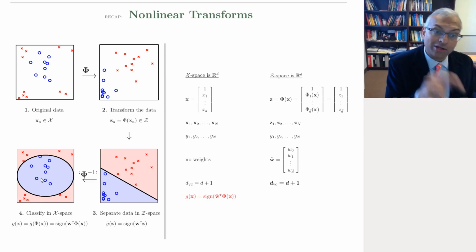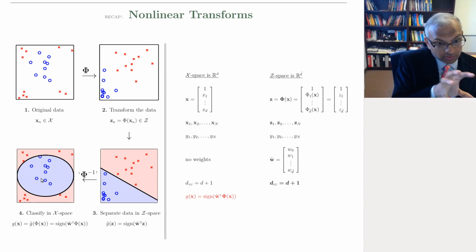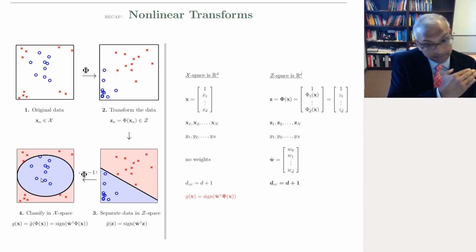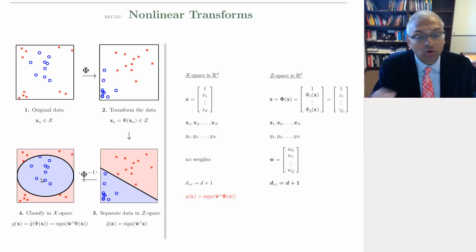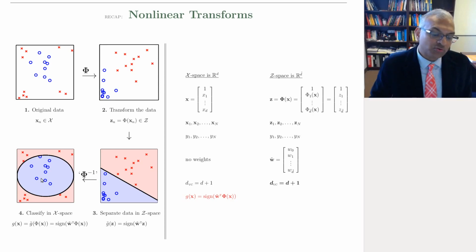Okay, so let's see what we have achieved. We have managed to get a nonlinear classification boundary in our original space, but we only had to deploy the linear model, albeit in a perhaps more complicated feature transform space. Okay. So the feature transform space, by the way, is under the hood. Your client comes to you with your original data, you transform, you separate with a line, and then you're ready to go for your client.